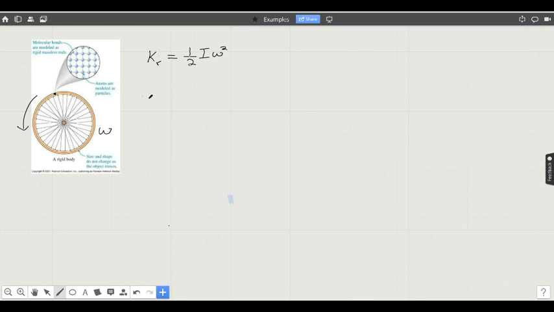So we can rewrite the work energy theorem, this time for rotation. Remember, before it was the work is equal to the change in kinetic energy. Well, that's still true, but this would be the work done by a torque.